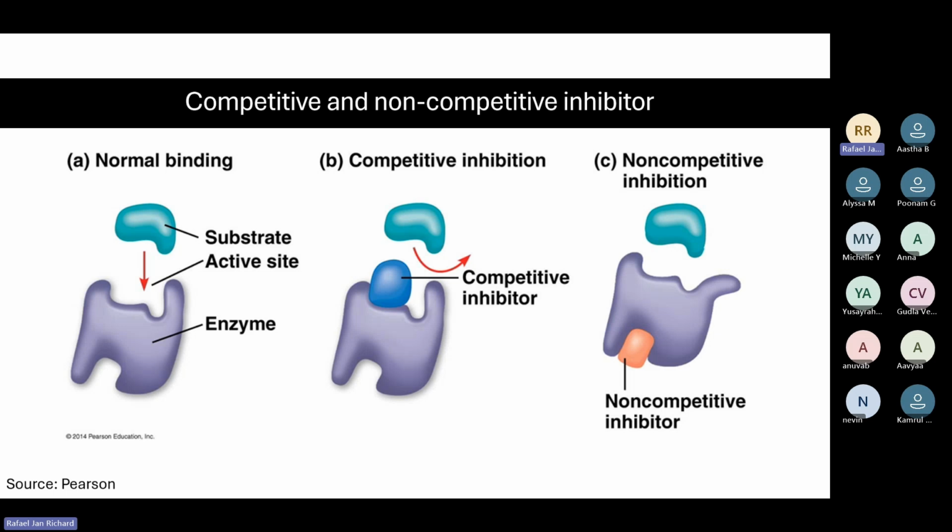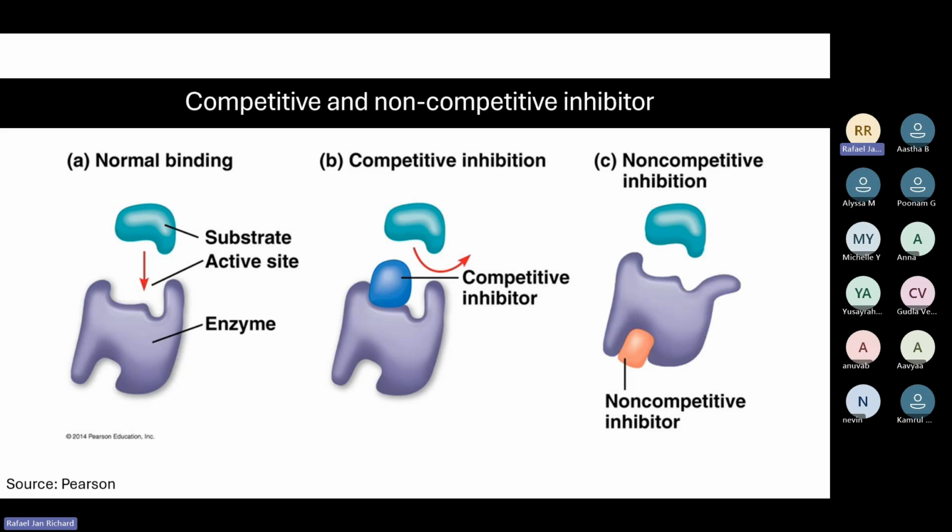They bind to the active site, but they can't be broken down, for example. And that is a problem because the real substrate molecules then cannot enter the active site and cannot be made into products. And this is why the chemical reaction is slowed down by competitive inhibitors.